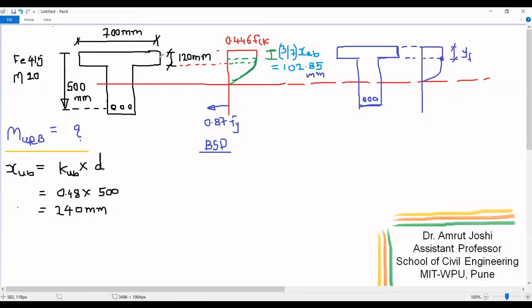What it means is from extreme compression fiber up to the distance of 102.85 mm, we are going to have constant value of stress, that is 0.446 FCK. And then the parabolic variation of stress starts and the stress in concrete becomes zero at neutral axis, that is at the distance of 240 mm from extreme compression fiber. So therefore, this distance is 240 mm.